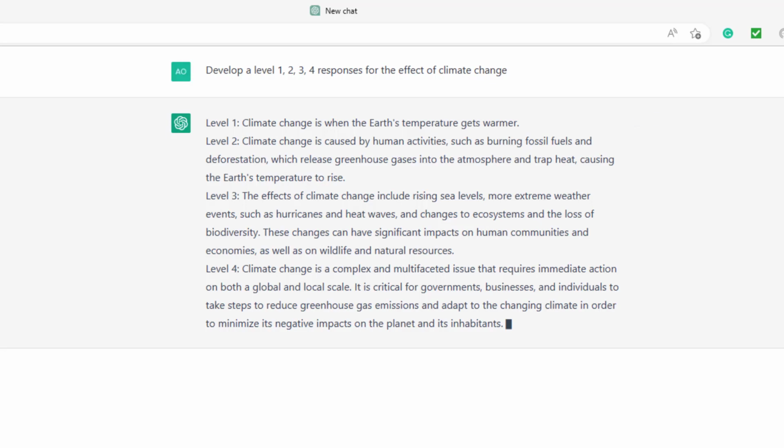This can be nice as an educator to show students that this is a level 1, 2, 3, 4. These are my expectations for you to achieve level 4, and if you want to be at level 1, this is what your result will look like.